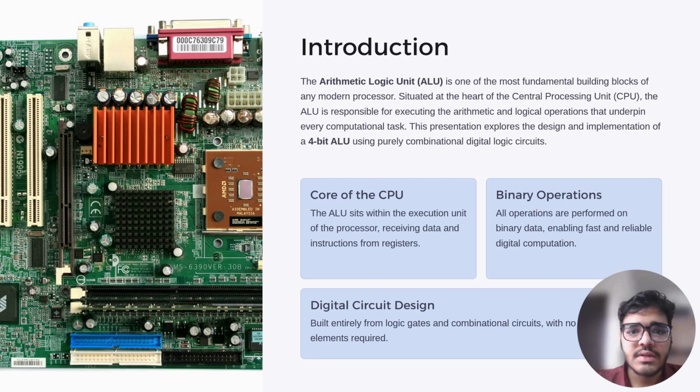All the operations inside the ALU are performed using binary values, meaning everything is processed in the form of ones and zeros. What makes the ALU interesting is that it is built entirely using combinational circuits, meaning it has no memory and produces output purely based on current inputs, like 0 for low and 1 for high.